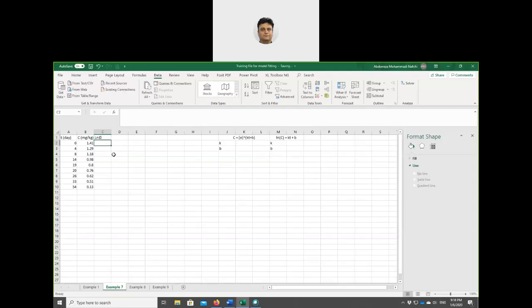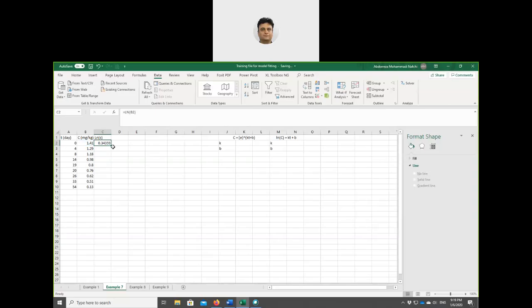It's easy. Excel has all the functions. I take equals ln of the concentration, that's all.